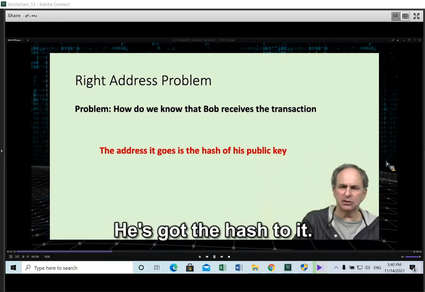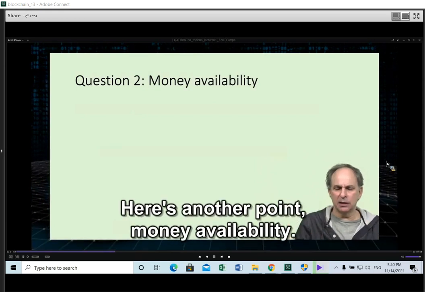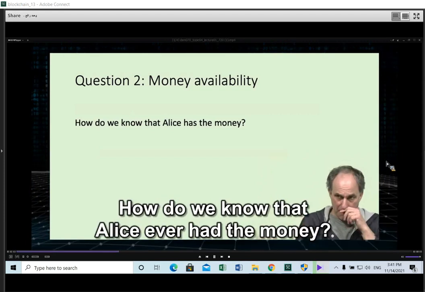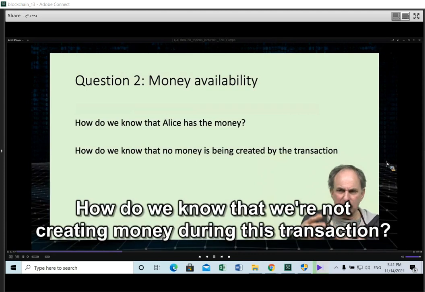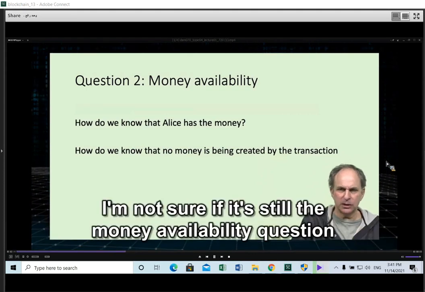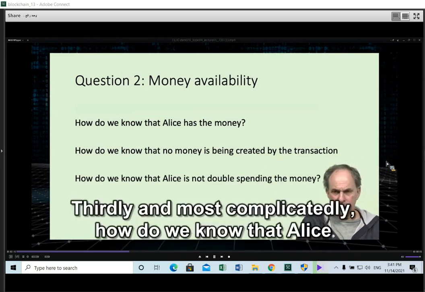And thirdly, and most complicatedly, how do we know that Alice is not double spending the money? So what does that mean? That means Alice might want to buy a Tesla and also give Bob money. And she wants to do that with the same money, sneakily or by accident. And she does it at exactly the same time.